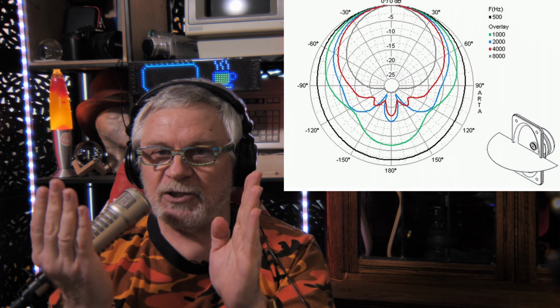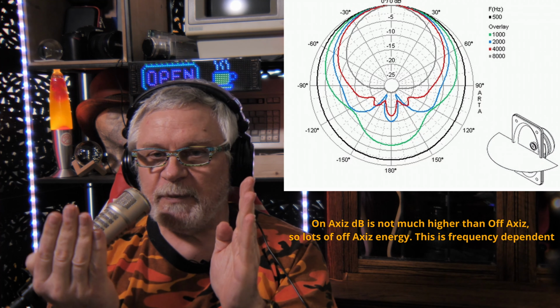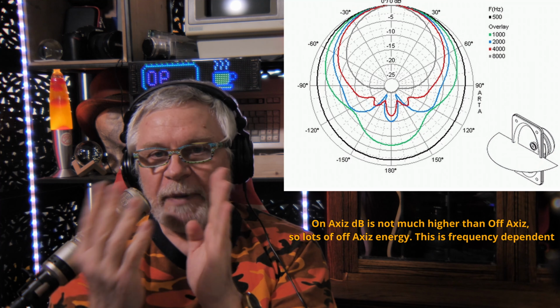Certain speakers' on-axis and off-axis response is terribly bad. It doesn't make it a bad speaker. It is just that the on-axis versus off-axis response of the speaker is so bad in comparison to each other.